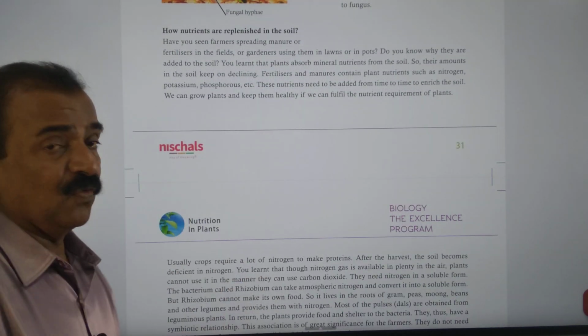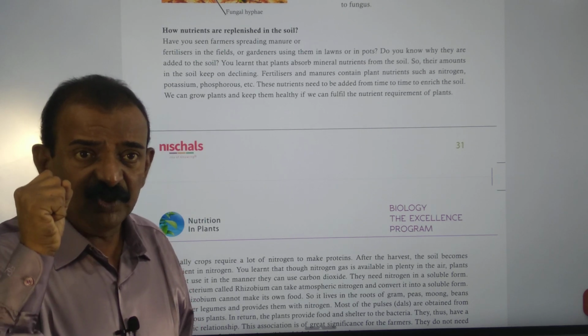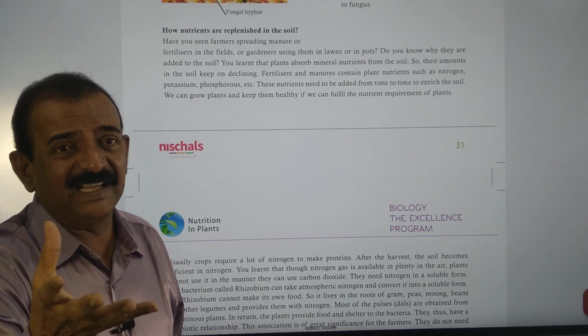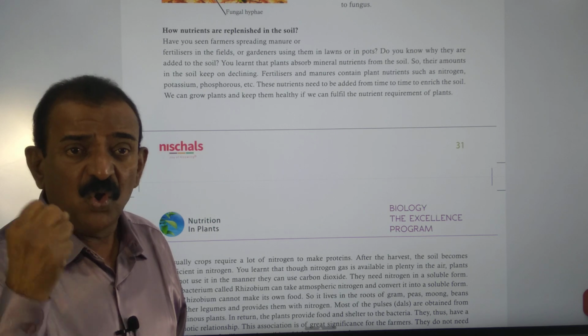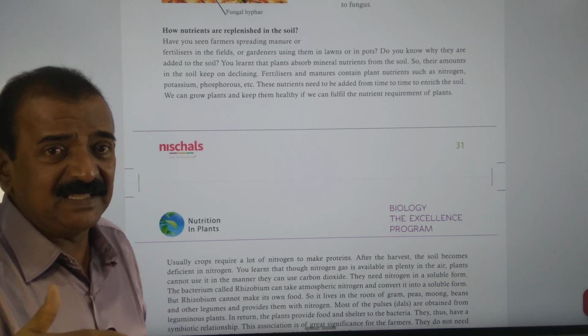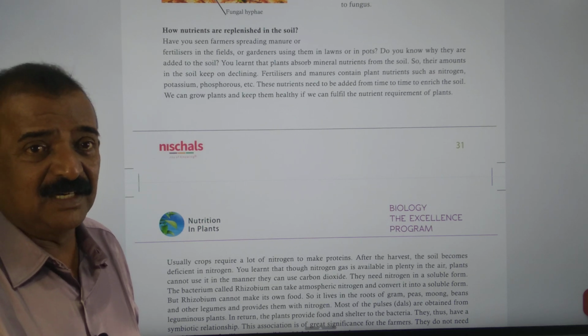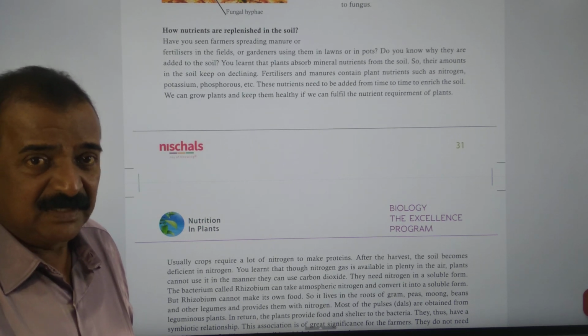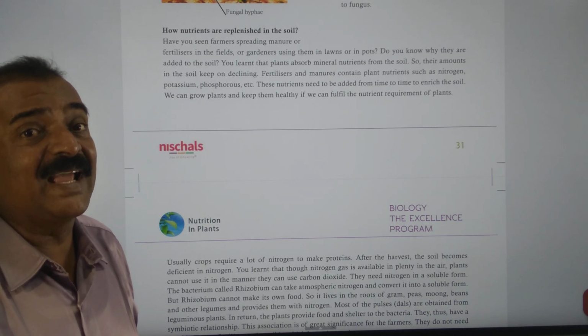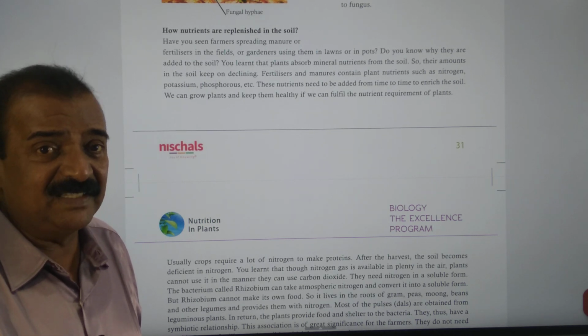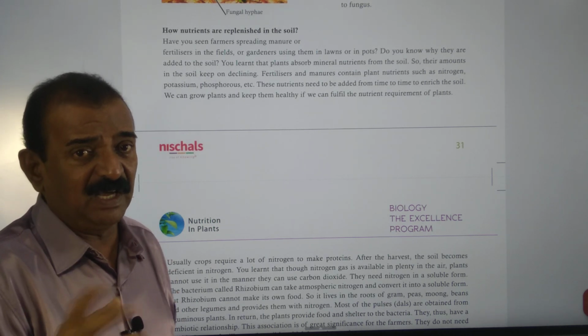That is the reason farmers use artificial fertilizers, organic fertilizers and vermicompost, and these fertilizers consist of nitrates, phosphorus and potassium. Thereby the soil becomes enriched with these elements, which are required for the growth of the plant.